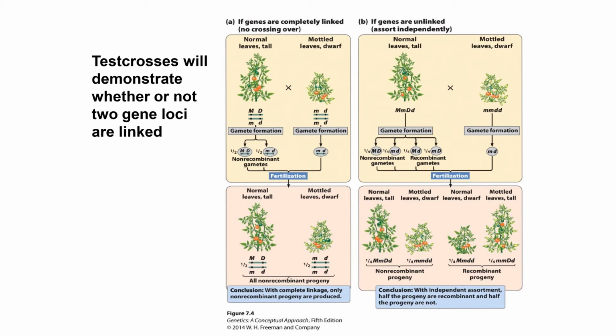So here is an example which outlines two possible scenarios. It crosses tomato plants where normal leaves are dominant over mottled leaves and tall plants are dominant over dwarf. So these two scenarios we will consider.